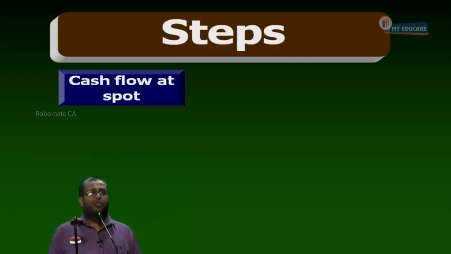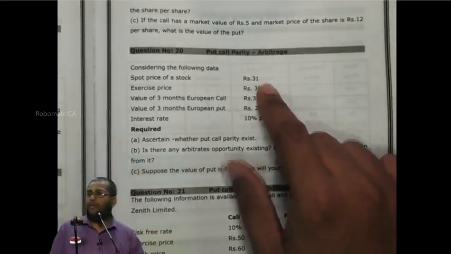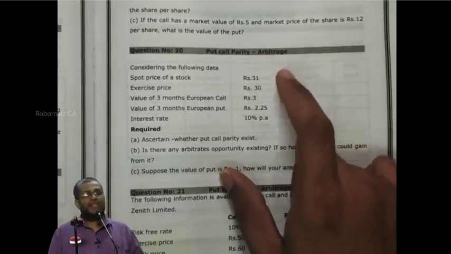Today I go to two markets, the share market and the option market. In the share market I sell the share at 31. Today I go to the share market, sell the share for 31. Is this 31 inflow or outflow? Inflow.